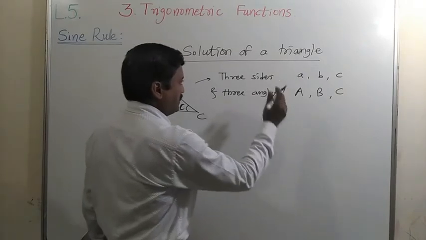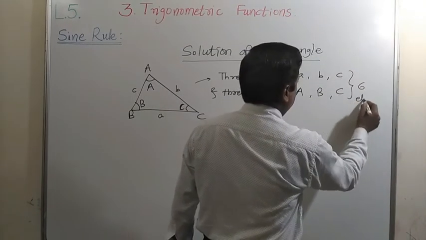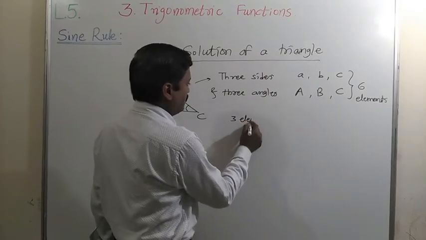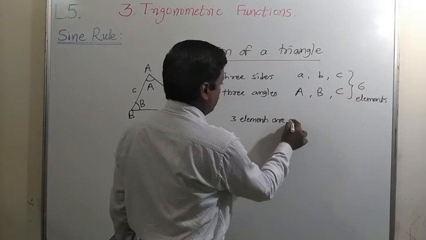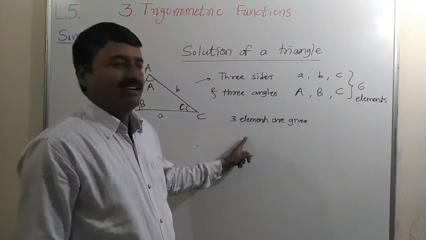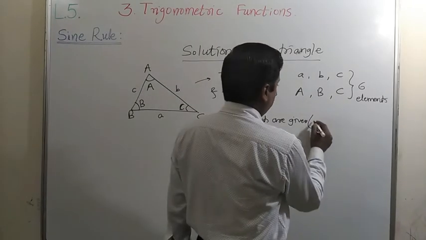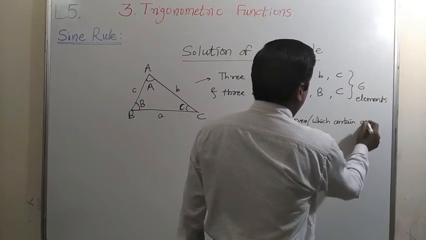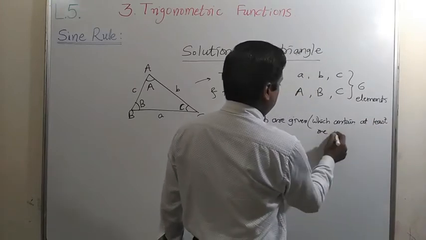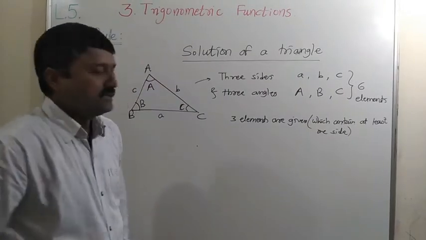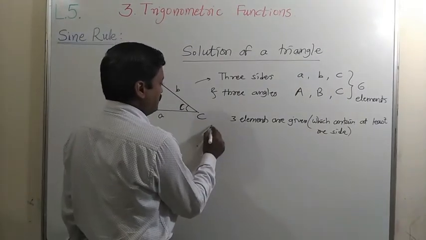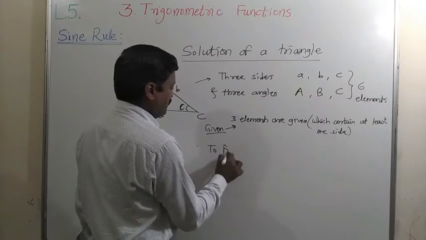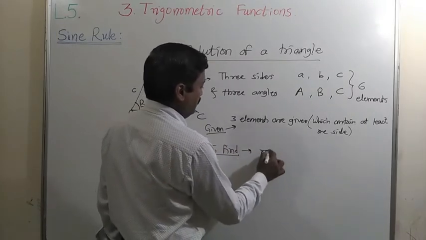Now, there are a total of 6 elements. Out of these 6 elements, if 3 elements are given, which contain at least one side, then we can find the remaining 3 elements.